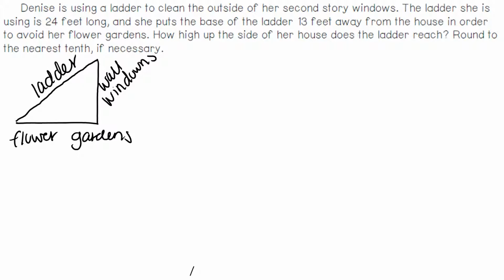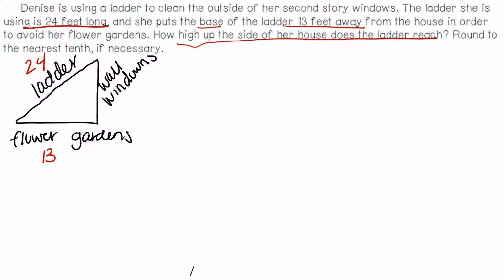Looking at the information, it tells us the ladder is 24 feet long. The base of the ladder, that's the bottom, is 13 feet away. So that's down by the flower gardens. We do not know how high up the side of the house the ladder reaches. We're missing the wall, the windows.